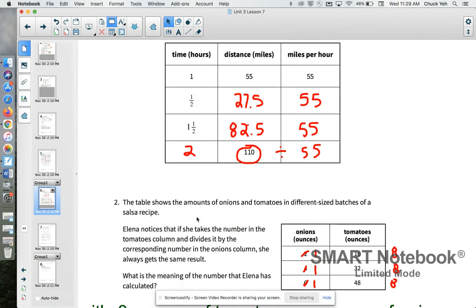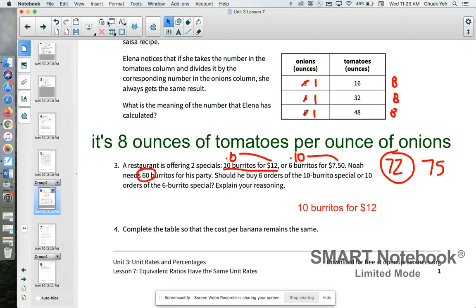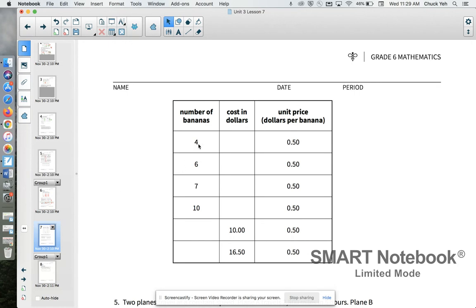Let me read what that says. Complete the table so that the cost per banana remains the same. If I have 4 bananas and it's 50 cents each, how much will it cost altogether? So think about it. 4 bananas, they're 50 cents each. What's the cost? Wouldn't I have to multiply?